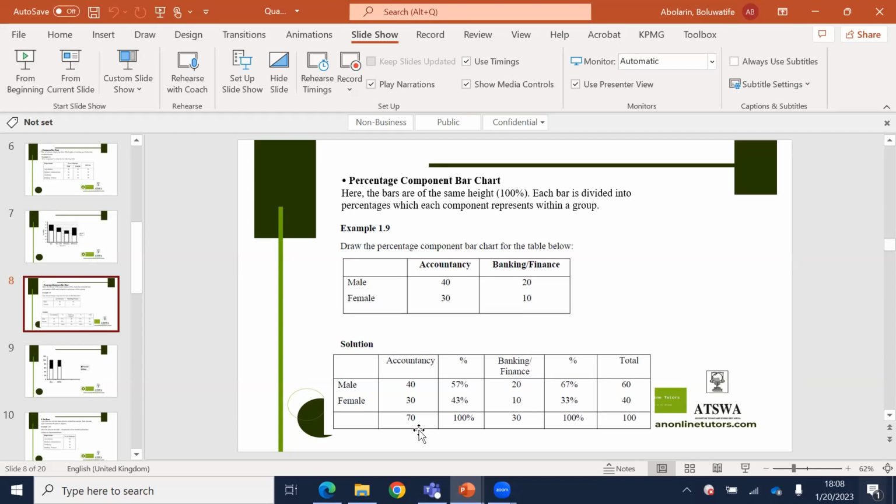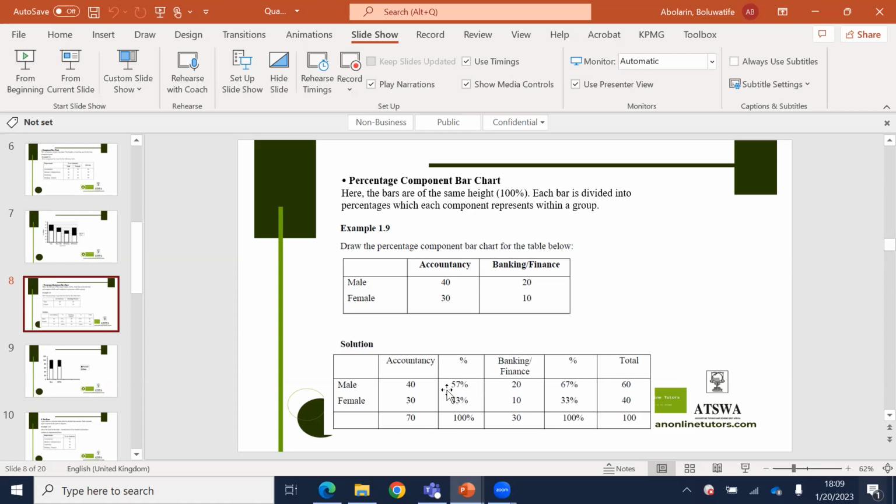It gives 57.14. When you approximate it, it will give you 57.